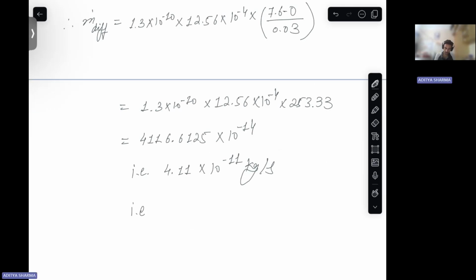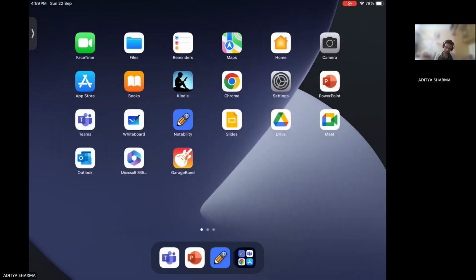That is 1.29 grams per year. Okay, 1.29 is the answer to this question.